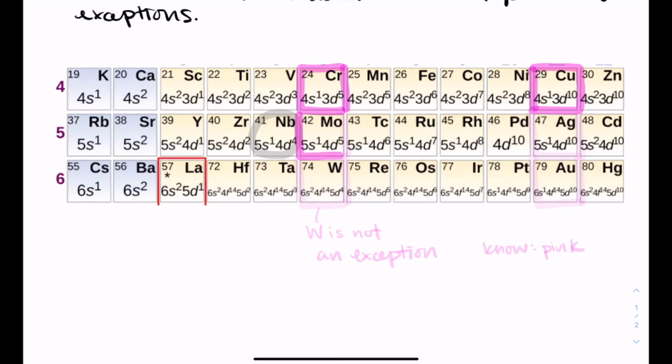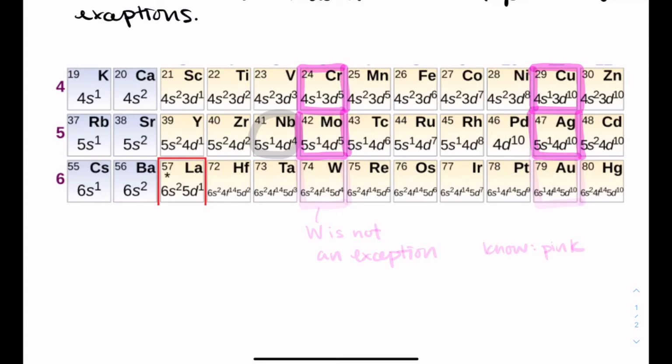Now, I have skipped over things that you might be seeing as exceptions. Like niobium, we didn't look at. It says 5s1, 4d4. It's an exception, but it doesn't fit our pattern. There are just some other more complicated things going on related to size and so many other things.